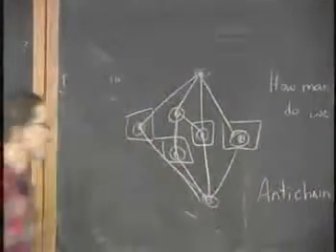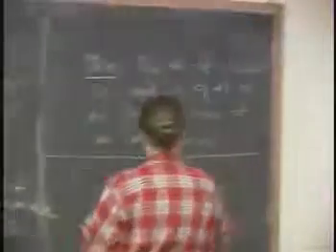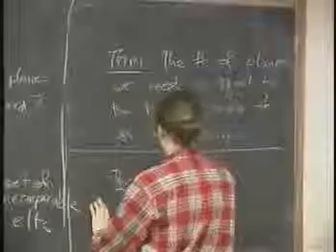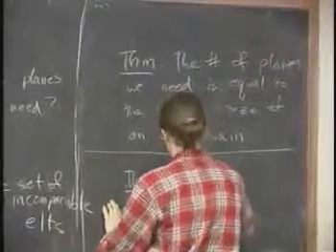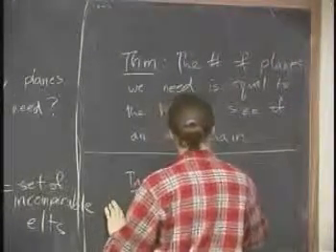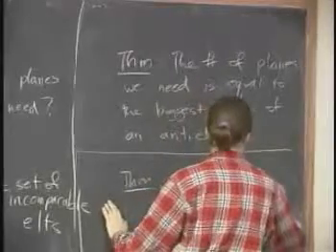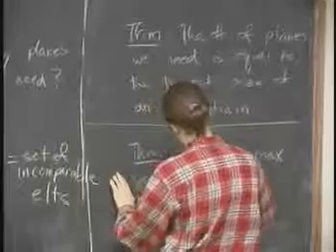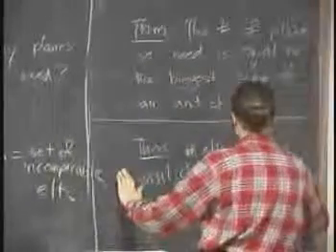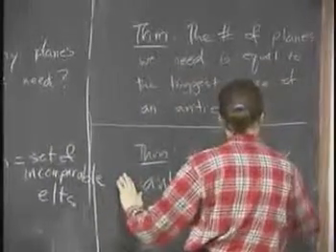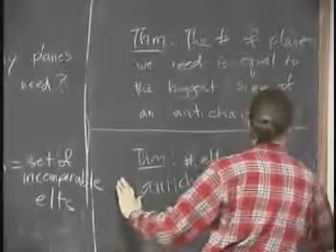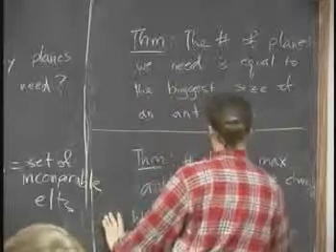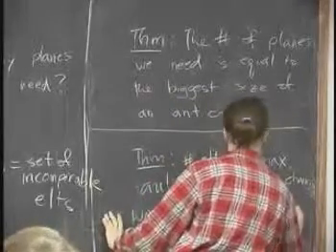And so the number of elements in a maximal antichain is the number of chains we need to cover our poset.